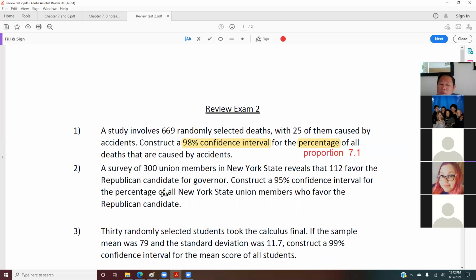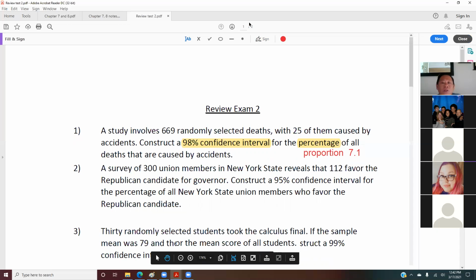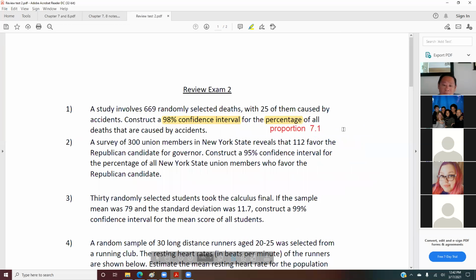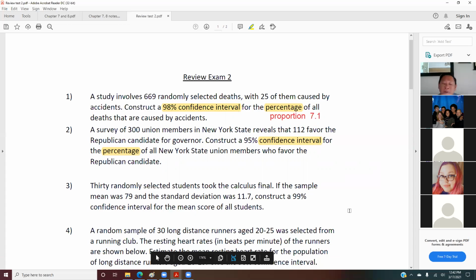How about question 2? I want you to read question 2. What is the keyword that I want you to look at? Confidence interval again and percentage. Yep, so this is the same as the first one. Now, when you read question 3, what is the keyword for question 3? Confidence interval and mean? Yes.